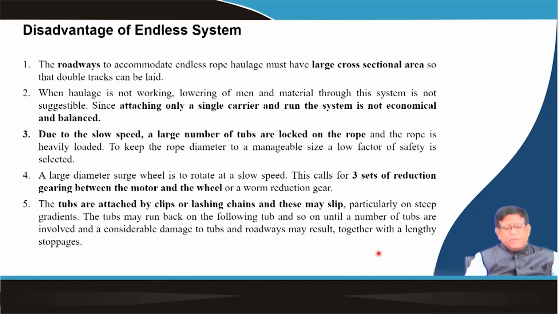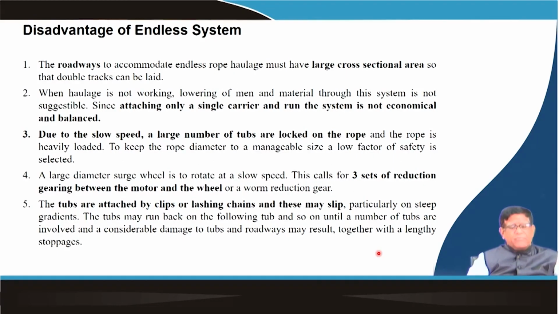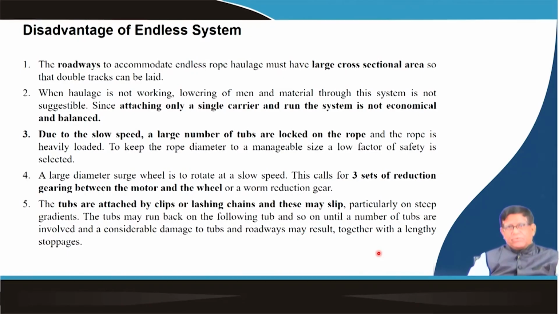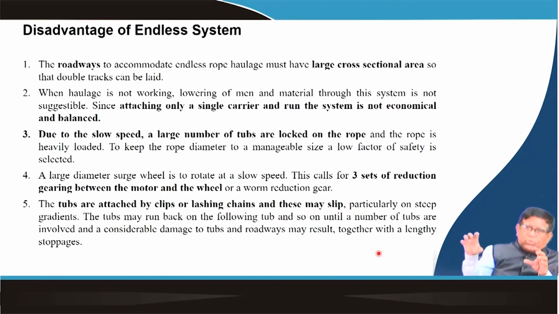Due to the slow speed, a large number of tubs are locked on the rope, and the rope is heavily loaded. To keep the rope diameter to a manageable size, a low factor of safety is selected. Normally, how many tubs the rope will be pulling depends on the strength of the rope.